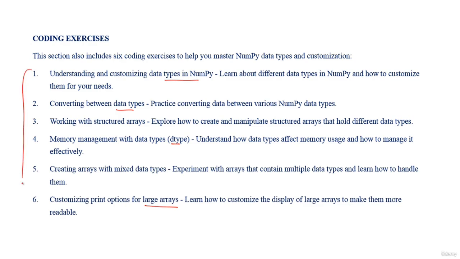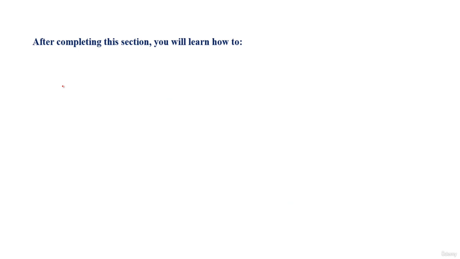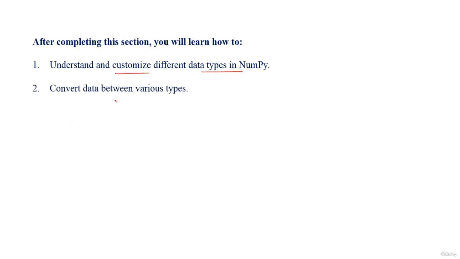You will find a video named coding exercise in this section number 5, in which I have explained each and everything. At the end of this section, you will be able to understand and customize different data types in NumPy, because there are different types of data you can use in NumPy, for example, float, integer, string, and others.